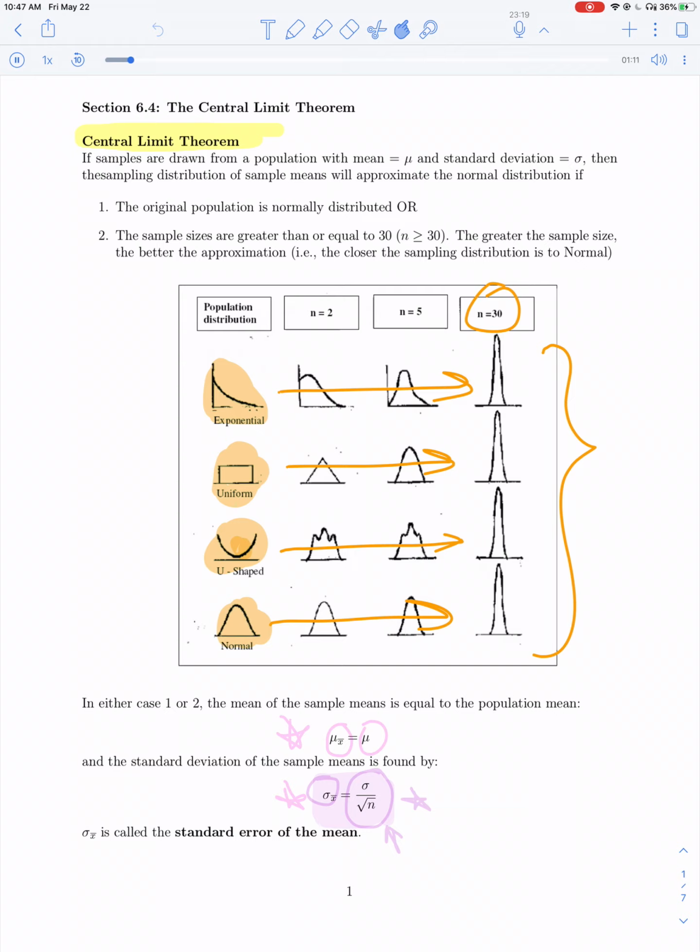And this says two pieces of information that we're going to use here. When we talk about finding the mean of our sample means, it will just be our regular mean.